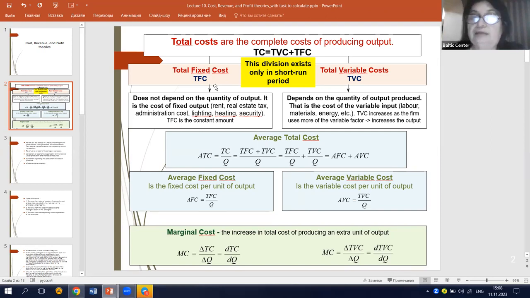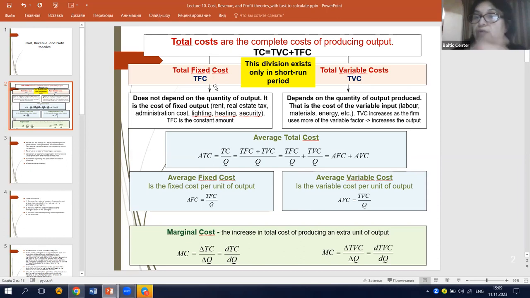And total variable cost depends on the quantity of output produced. If fixed does not, the total variable cost does depend on quantity of output, because we are extending production.